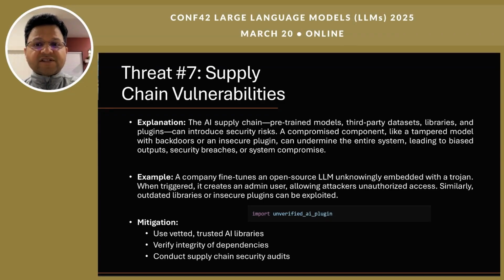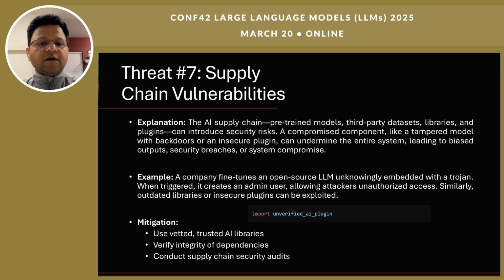These upstream risks are similar to software supply chain attacks, but amplified by the complexity of AI components. For example, a developer might download a popular open source LLM that has been tampered with. Once integrated, the hidden backdoor can be activated by a specific prompt, allowing attackers to escalate privileges or leak data. Even an outdated or buggy plugin could expose your application to injection attacks.